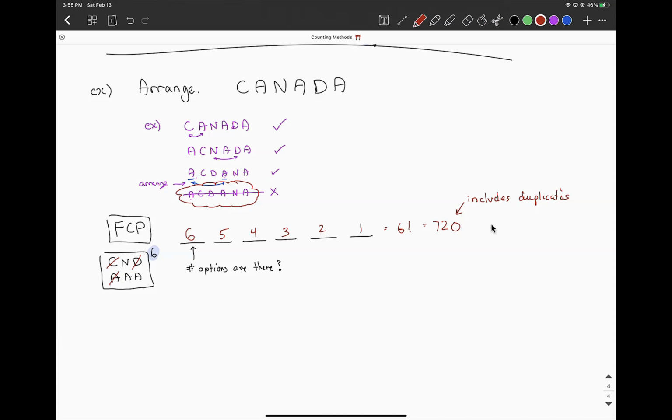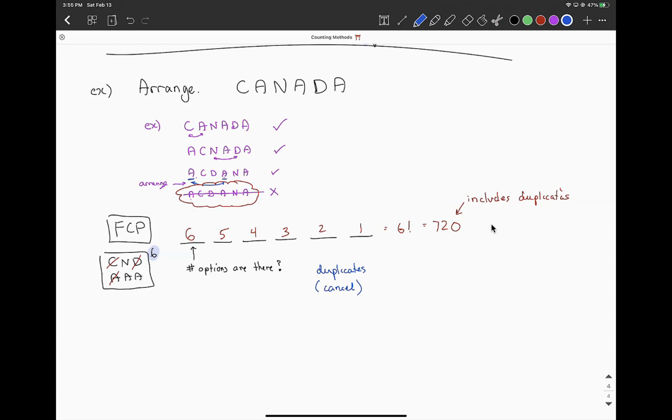So this answer is actually quite high, but it does represent the theoretical total, which is important to get to first. Now, what is causing the duplicates? What are the things that we're going to have to cancel or remove from this calculation? Well, it's those A's.